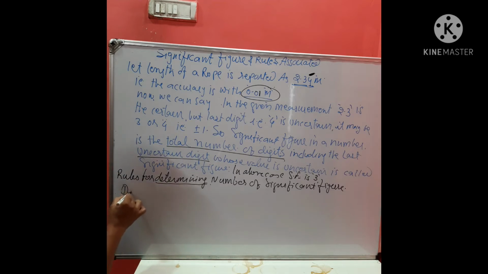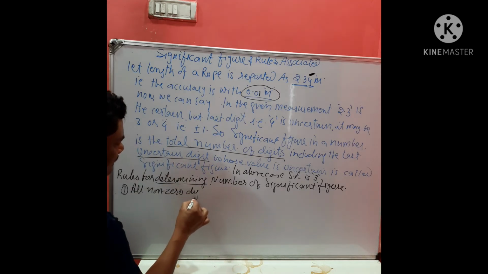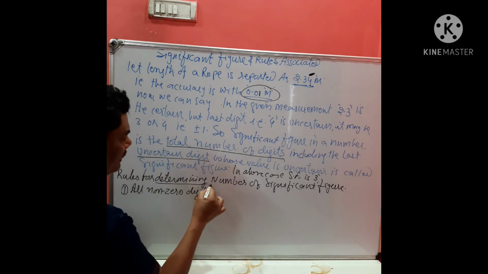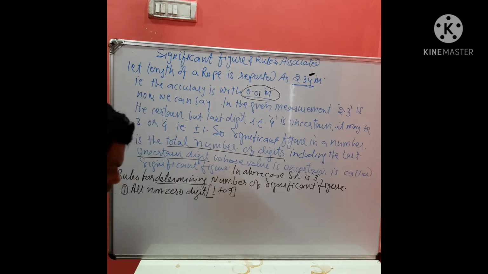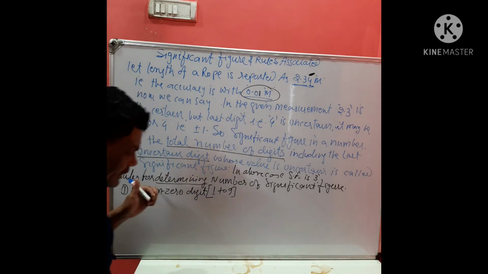First, all non-zero digits, that is 1 to 9, are significant.